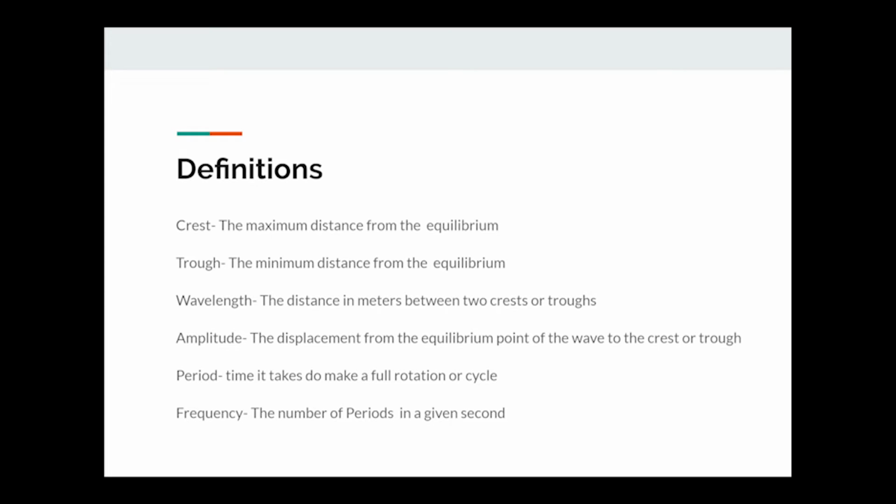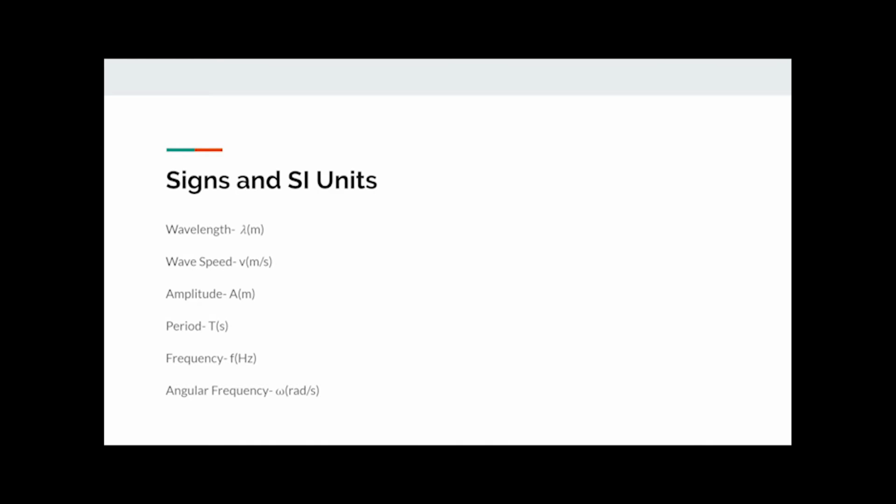To go over their signs, the wavelength is typically represented by lambda, which is measured in meters. We have the wave speed, which is velocity, which is meters per second. Amplitude, which is represented by A and is also represented in meters as the magnitude described beforehand. We have the period, which is a capital T and is used in seconds.